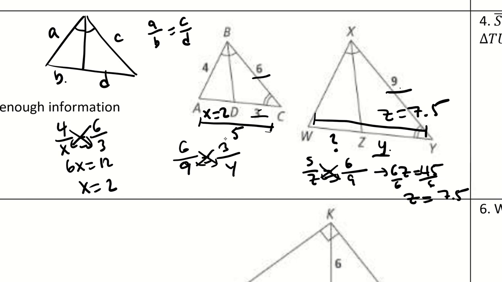And if I cross multiply, I get 6y equals 27. If I divide by 6, y is equal to 4.5. And so now we know that this is 4.5.